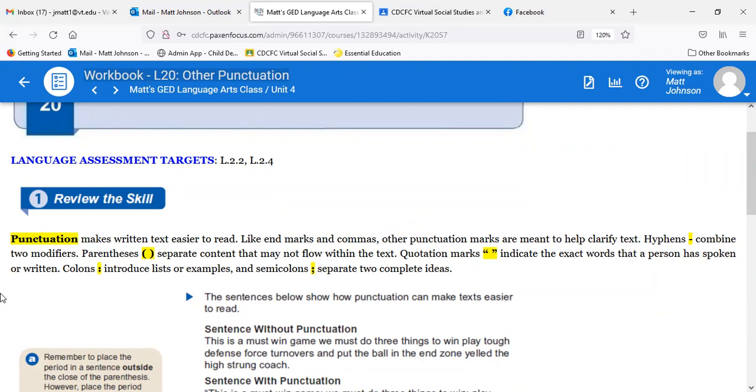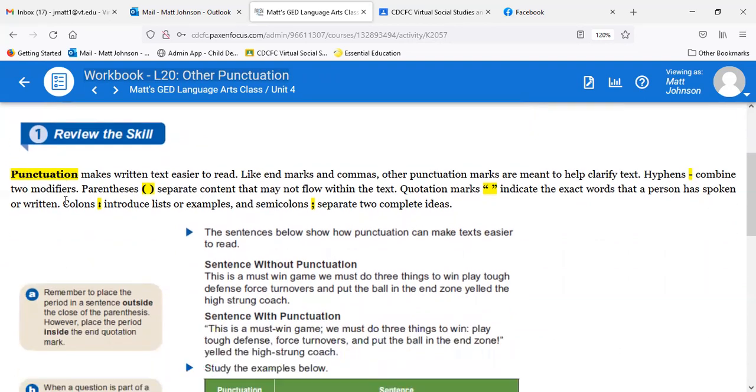It's sort of an aside, like the author is talking to you. Quotation marks indicate the exact words that the person has spoken or written. Colons introduce lists or examples, and semicolons separate two complete ideas, just like a conjunction does. And then the sentences below show how punctuation can make text easier to read, right?